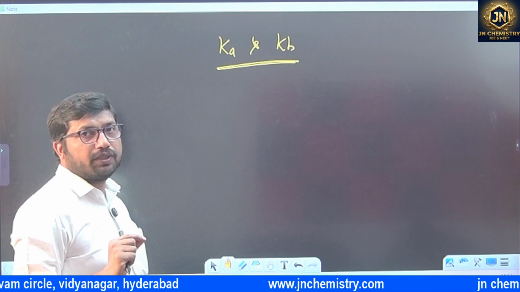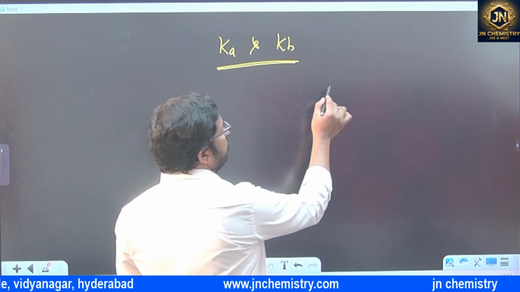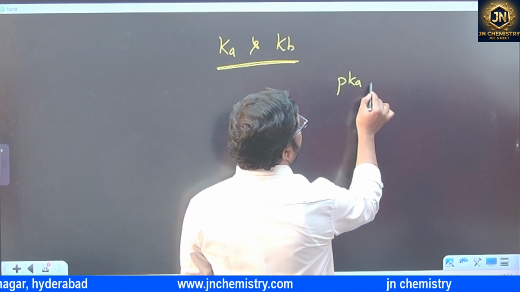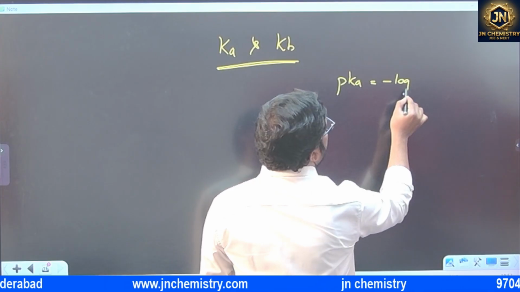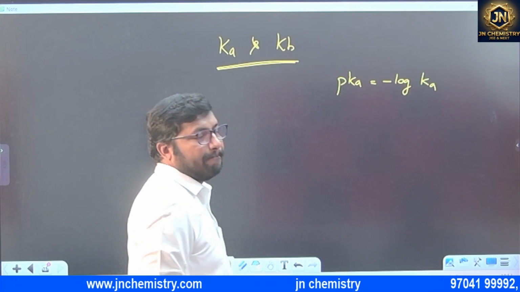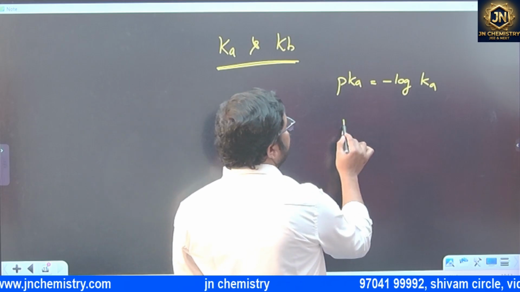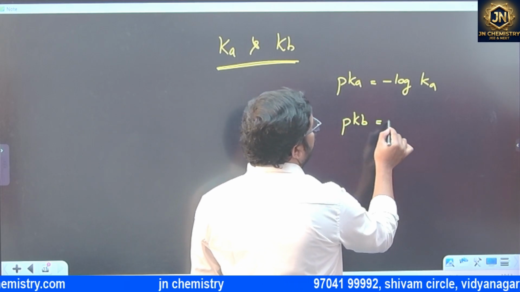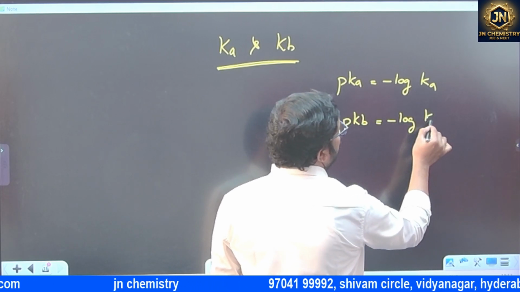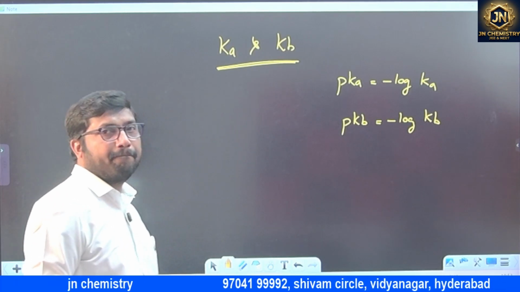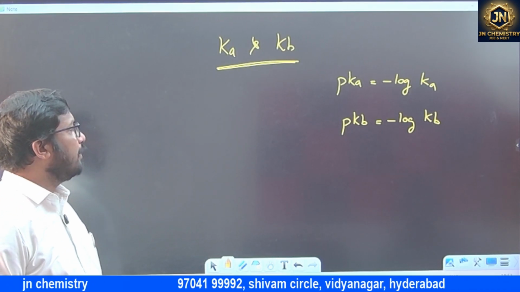So I told you, for example, what is pKa? pKa is equal to minus log Ka. pKb is nothing but minus log Kb. Okay?